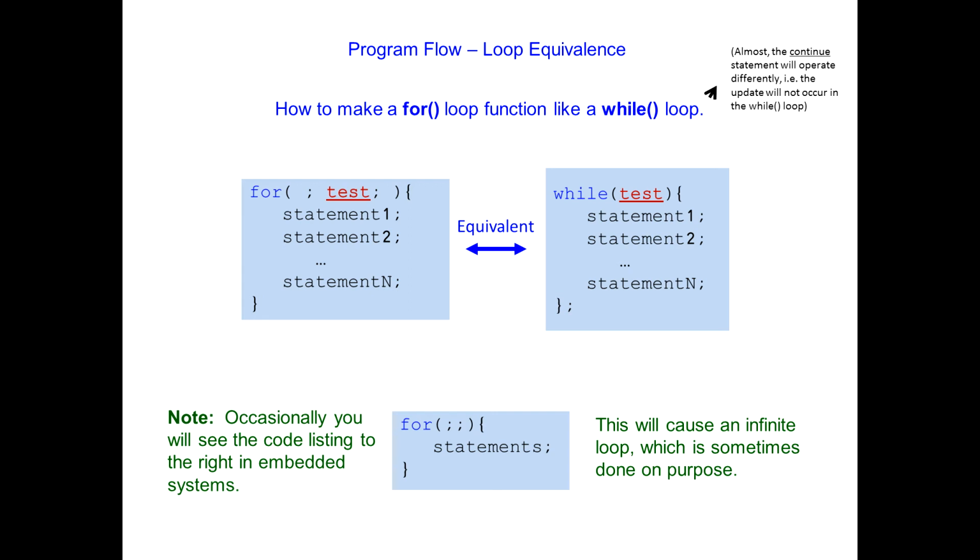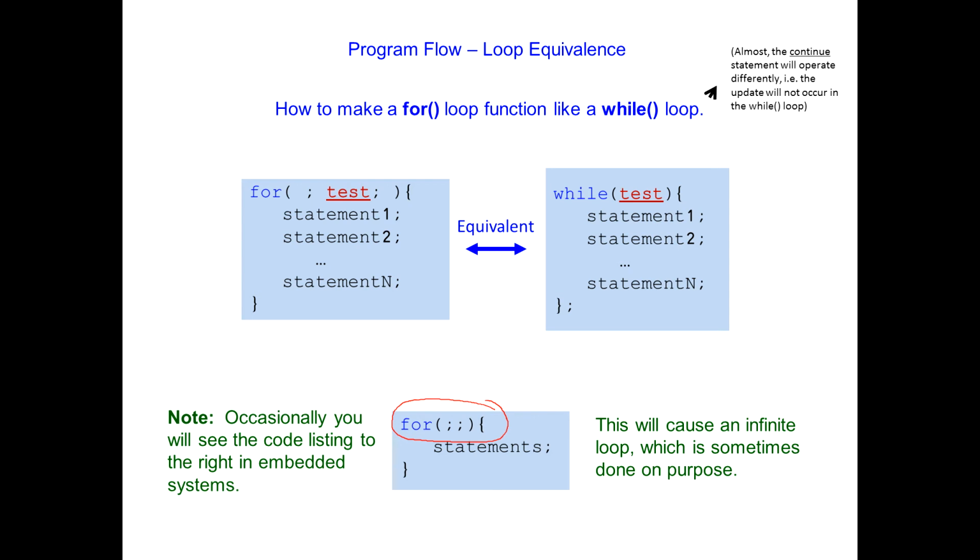Here you can make a for loop function like a while loop. The main point I want to point out is that sometimes you'll see this for loop with empty fields. You'll just see the 2 semicolons. What you should recognize here is this will be an infinite loop.